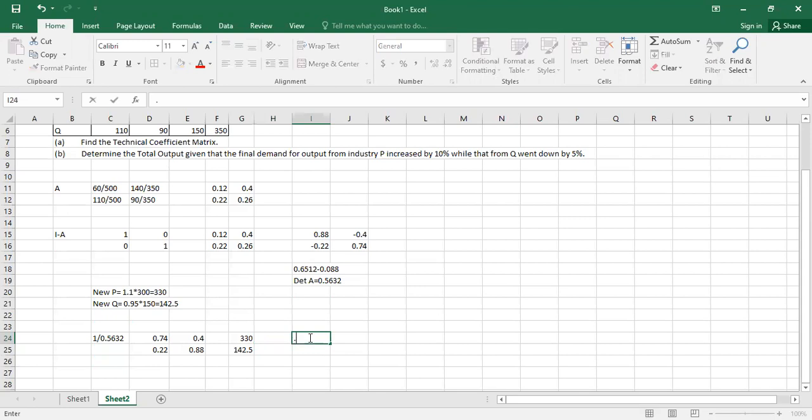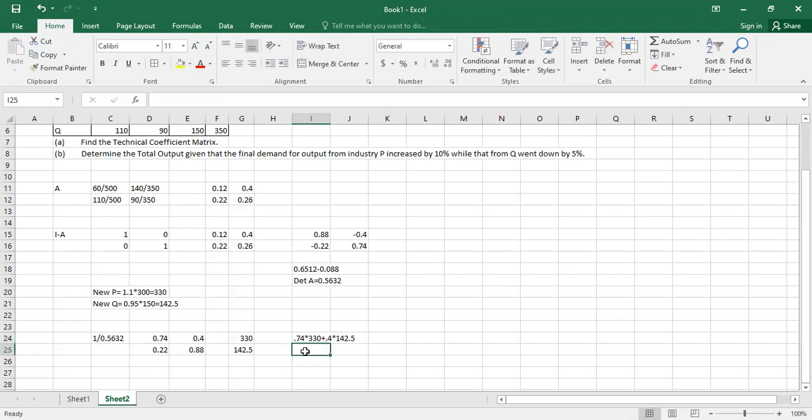I'm looking for 0.74 multiplied by 330 plus 0.4 multiplied by 142.5.